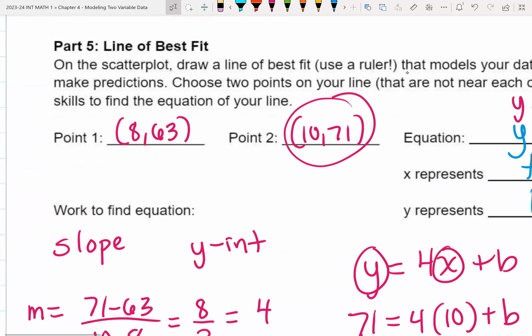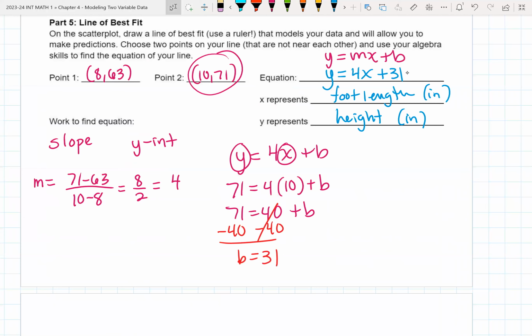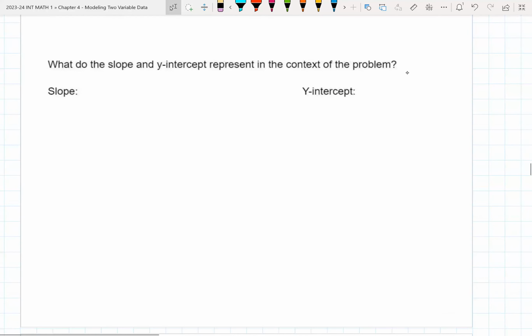Okay, so we've got our equation. We've got our association described. So let's take that equation, y equals 4x plus 31, and let's apply it to make predictions. Predictions that are within our data is called interpolating. Predictions that are outside of our data are called extrapolating. First, let's discuss what the slope means.